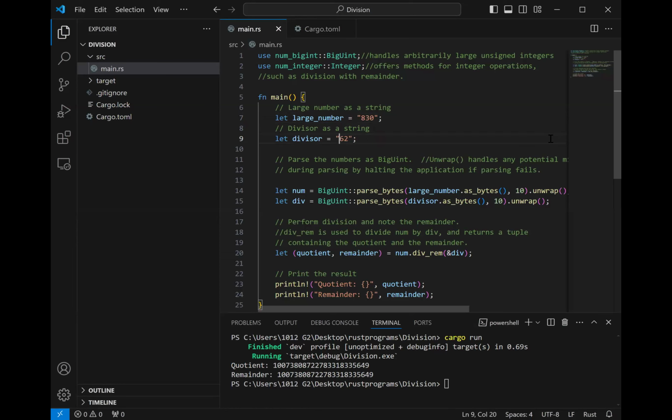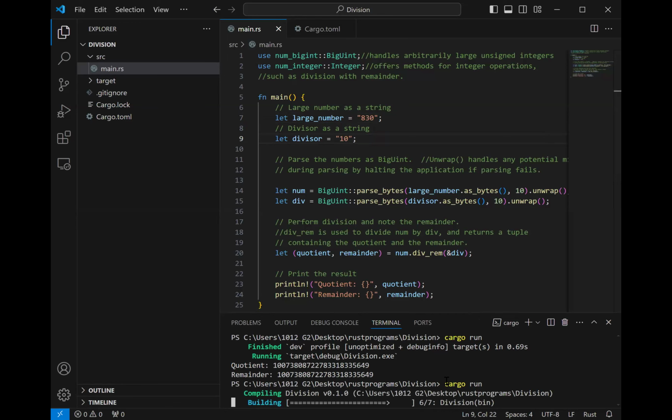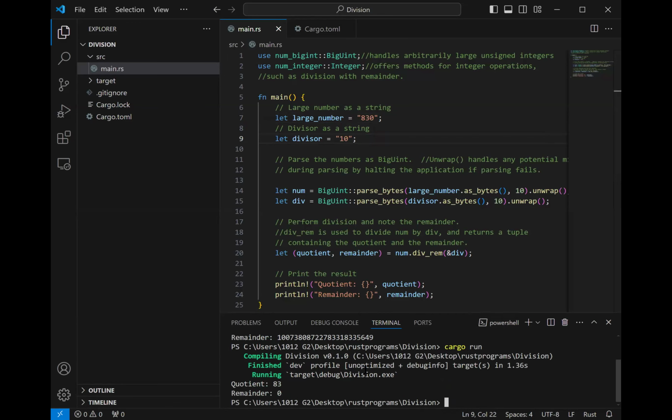Let's divide this by even 10, because when you divide by 10, we know there's no remainder. So let's just run. When we run, it gives us that 10 goes into 830, 83 times, and the remainder is 0.